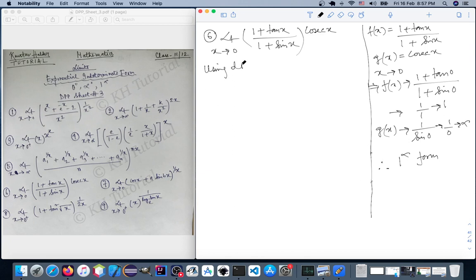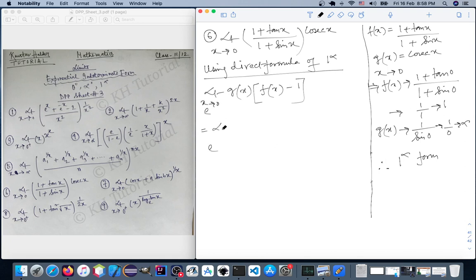Now we will directly apply the formula for 1 to the power infinity. Using the direct formula, the result will be e to the power limit x tends to 0 of gx into fx minus 1.